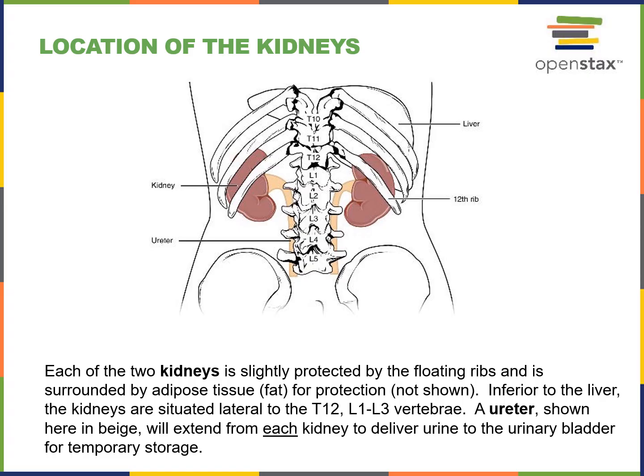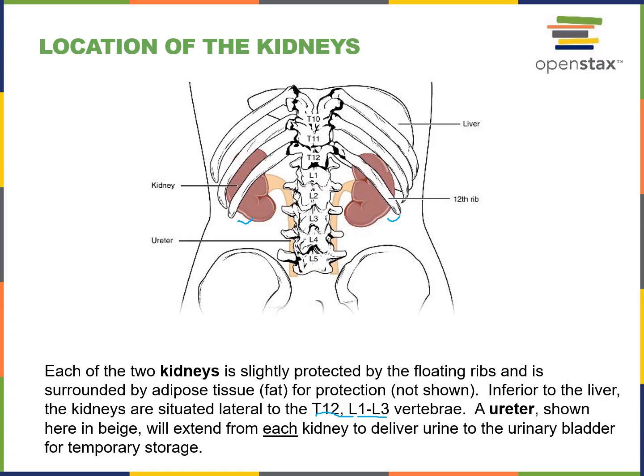So we have left and right kidneys. Let me grab my pen here. So left and right kidneys, in terms of their location, they are not in the pelvis, which is sometimes where I think we think they are. They're actually around the last rib number 12, thoracic vertebra, and then the first 3 lumbar.